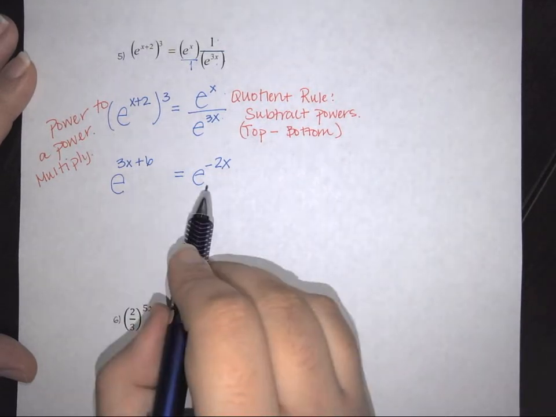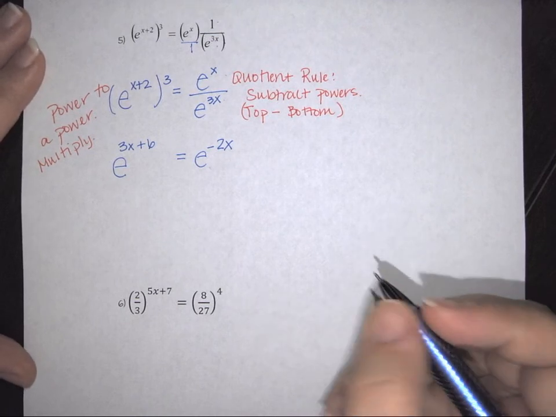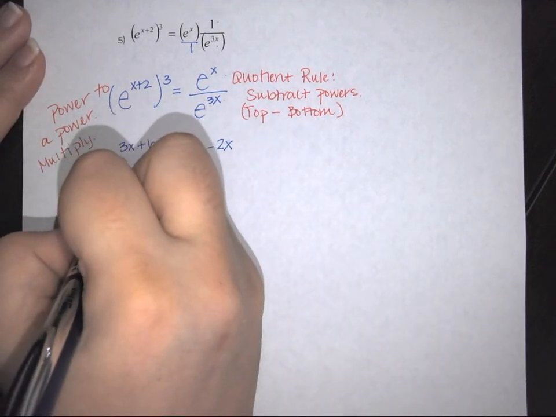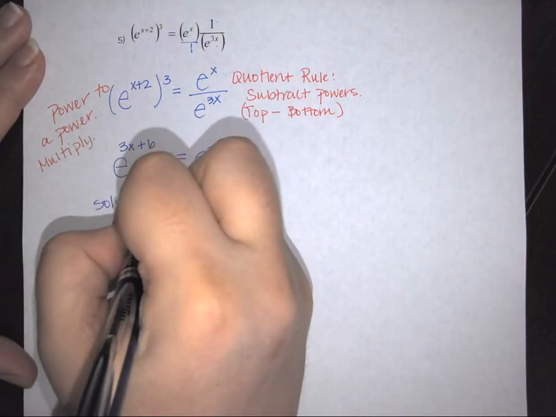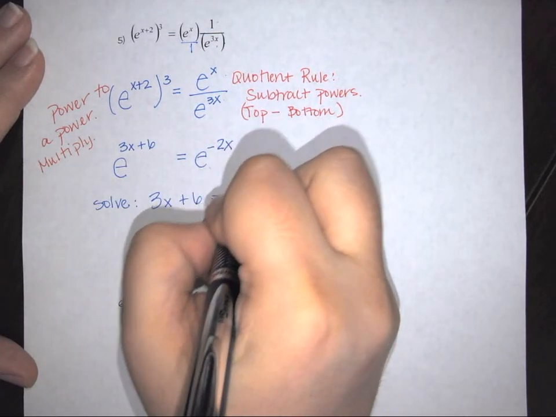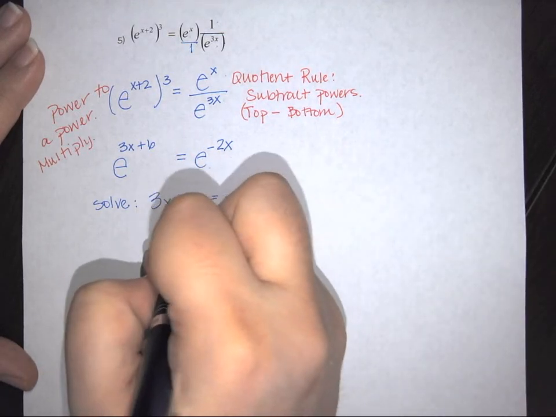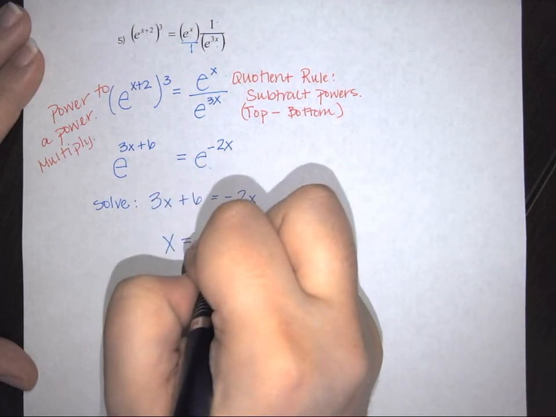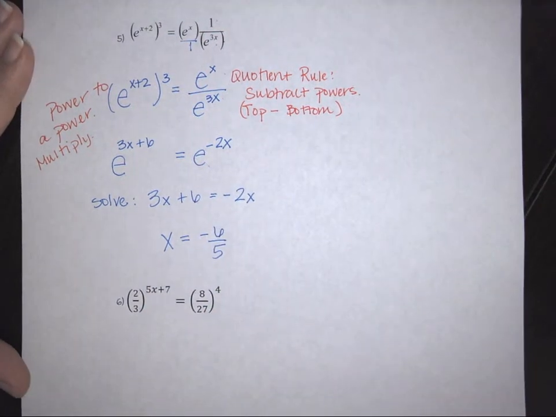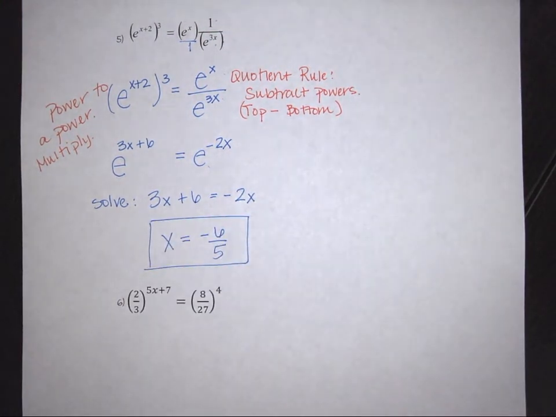Notice my bases are the same. It doesn't matter that they're e's, the point is that they are now the same. So we now get to solve the problem that 3x plus 6 equals negative 2x. Combine your terms and we get that x is negative 6 over 5. And this is all that we were looking for.